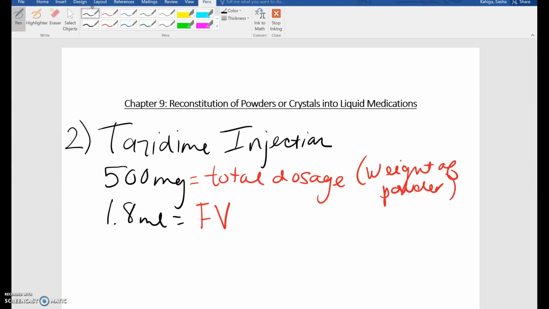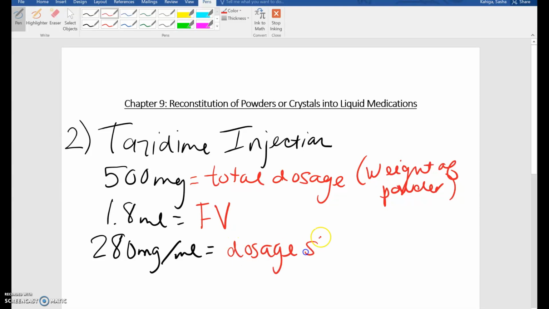It tells you that 1.8 milliliters provides 280 milligrams per milliliter. What does that identify? Well, if you said that identifies your dosage strength, you are correct. And furthermore, it tells you that after reconstitution, you must store in the refrigerator and use within 7 days, and so on.